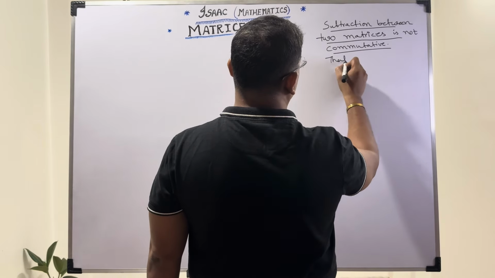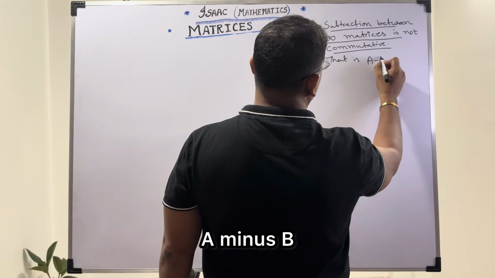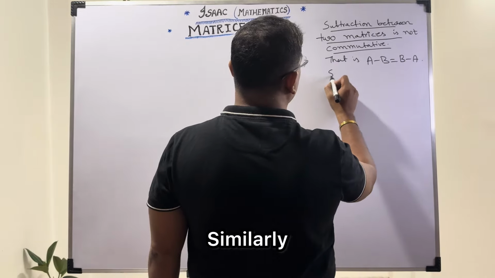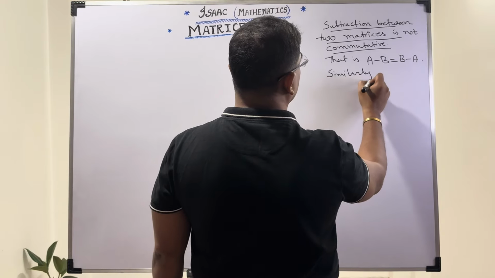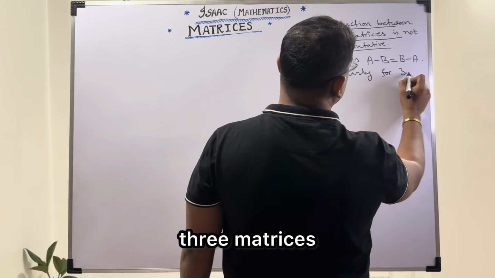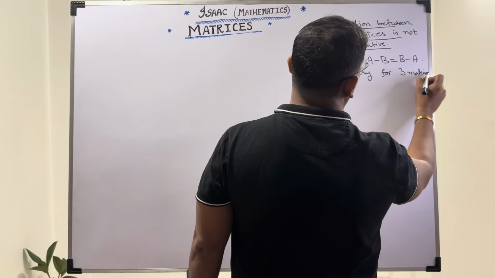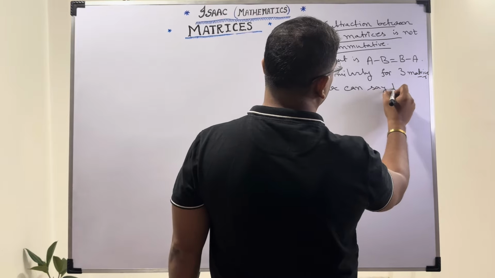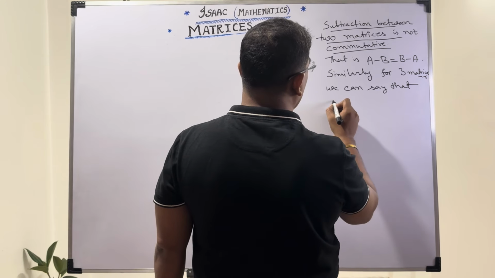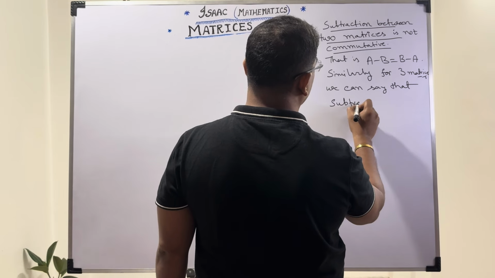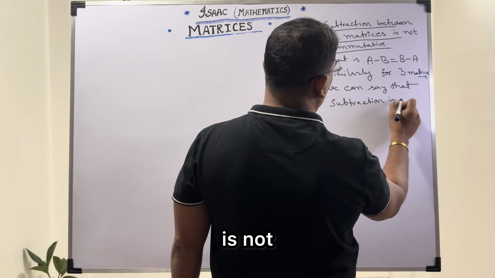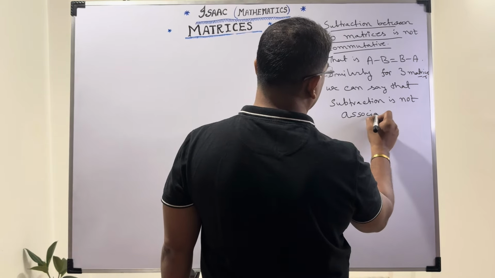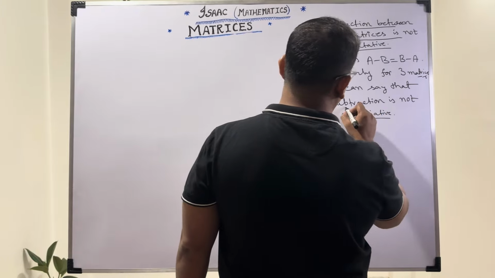That is, A minus B is not equal to B minus A. Similarly, for three matrices, we can say that subtraction is not associative. Okay.